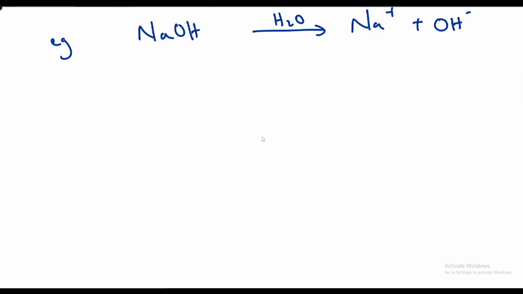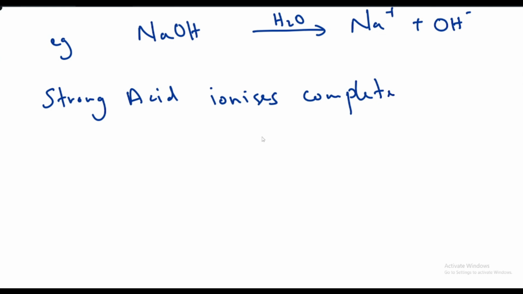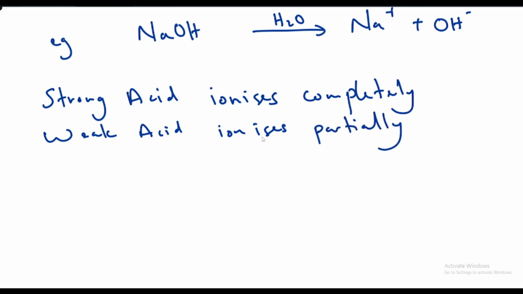Some acids are considered to be strong and other acids are considered to be weak. And how do we tell them apart, one from the other? Well, according to the definitions, we say that a strong acid ionizes completely, and a weak acid ionizes partially. Now, what does this mean, ionize completely and ionize partially?